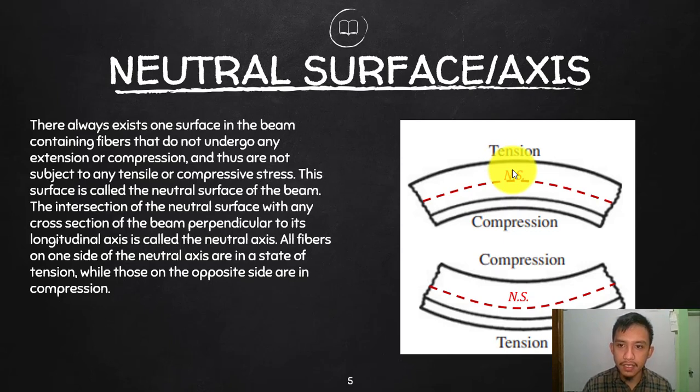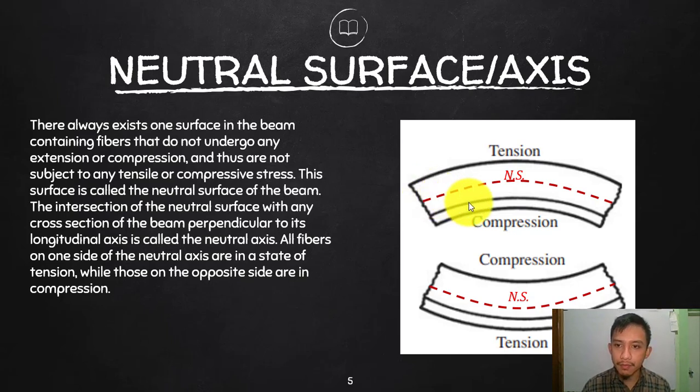Referring to the cross section, if you cut this one and look at it, this surface will intersect the cut surface and serve as a line, and we call that the neutral axis. Again, as I said a while ago, let's imagine that this beam is composed of thin fibers.